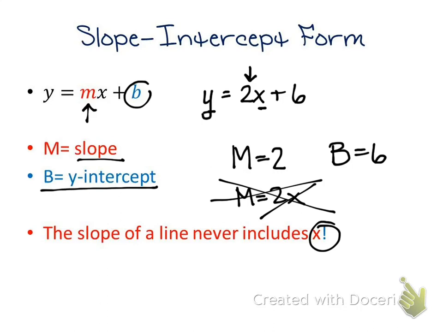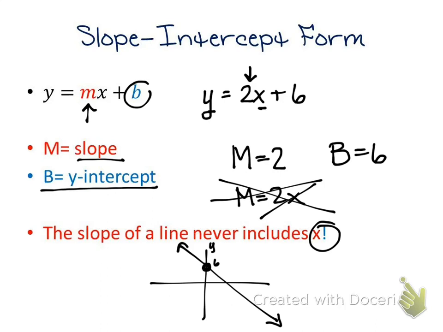Now, if you remember, y-intercept, okay, we just got finished doing it. Our y-intercept is where our line crosses the y-axis. So if my y-intercept is 6, that means my line is going to cross my y-axis at positive 6, okay?